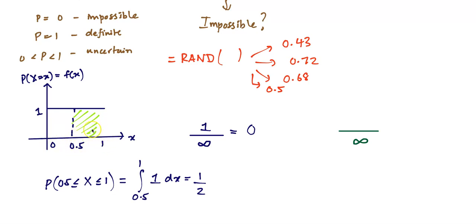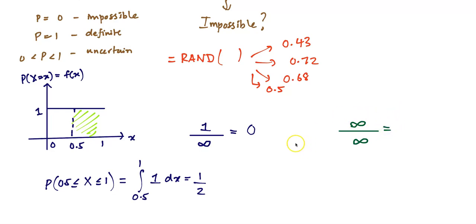So how many real numbers are there between 0.5 and 1? Well, there are also infinitely many real numbers, correct? And now infinity over infinity is indeterminate. So it could be 0, it could be infinity, it could be undefined, or it could be a real number. We don't know. But there is a possibility that this could equal a real number.